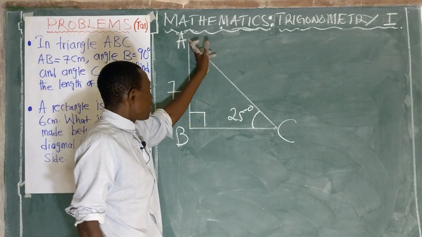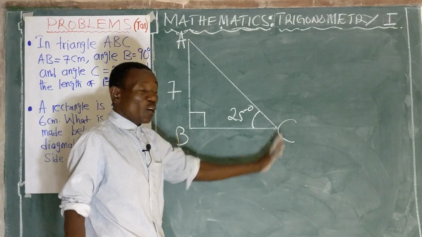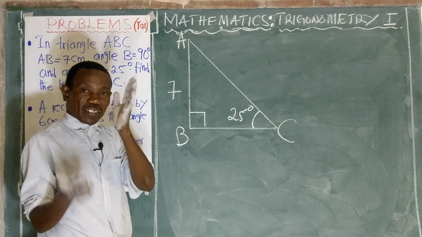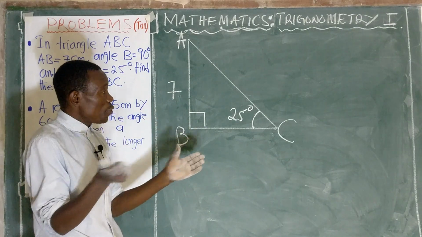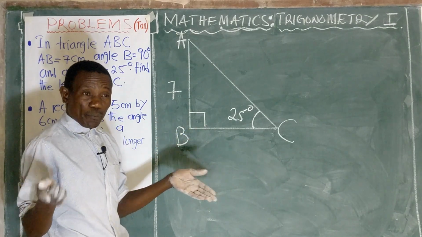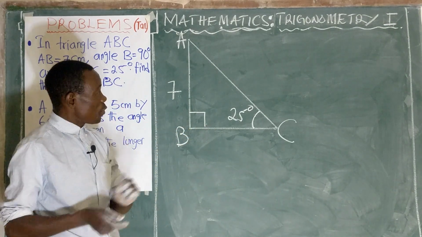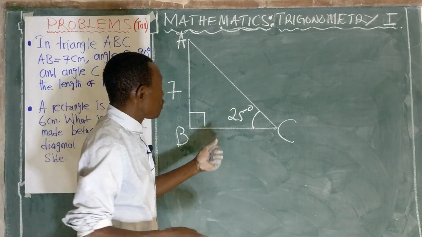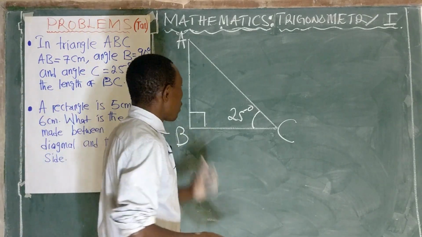If the value of BC had been given, you would have opted to use the Pythagoras theorem. So in such instances, as a student, you always need to consider both ways, and when one shows weakness, you analyze it out, then jump into the other one. Obviously here, we have to go into the trigonometric ratios. What do we have?